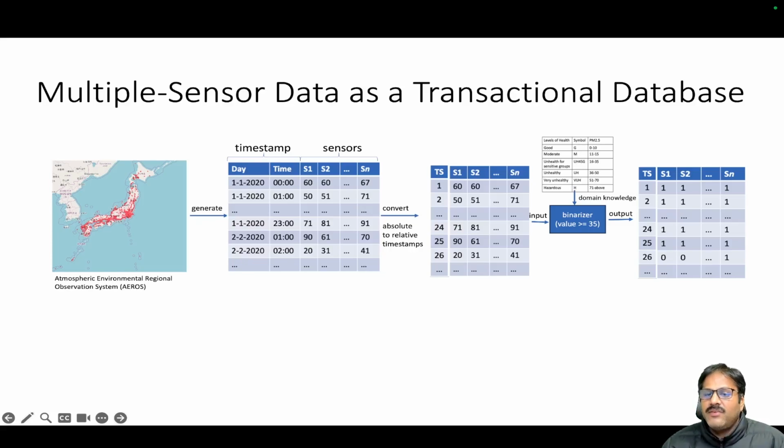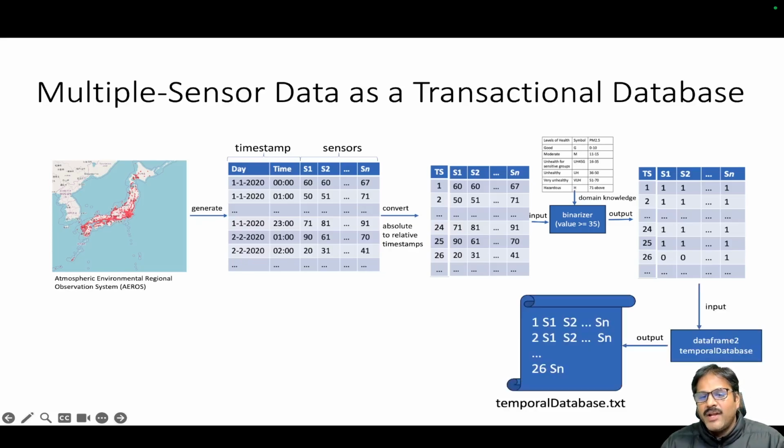Once we have this binarized data frame, we can simply convert it into a temporal database as shown here. The resultant temporal database looks like this. At timestamp 1, S1 has recorded high levels of pollution, S2 has recorded high levels of pollution, Sn has recorded high levels of pollution.